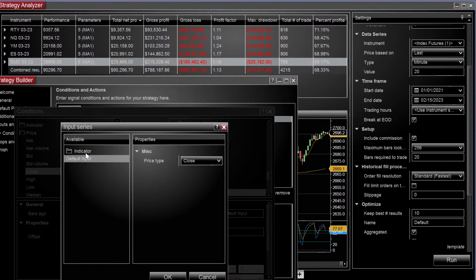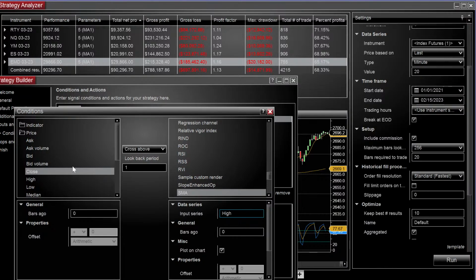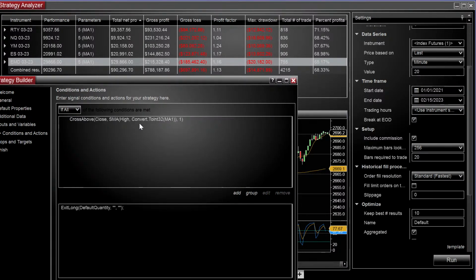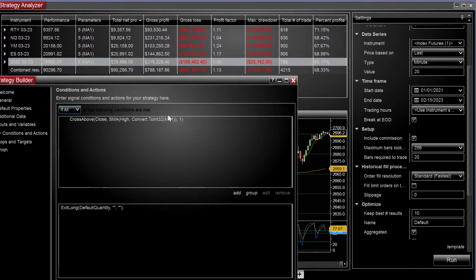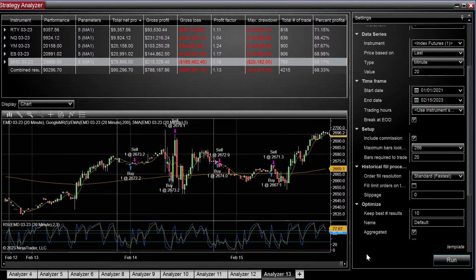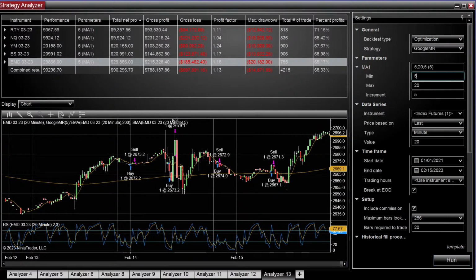Let's change it to the high. Let's make sure: MA1 high, high, and high. The thinking behind it is, for the entry, it'll get you into more trades because the SMA will be higher, so there's a higher chance that it's going to close lower.